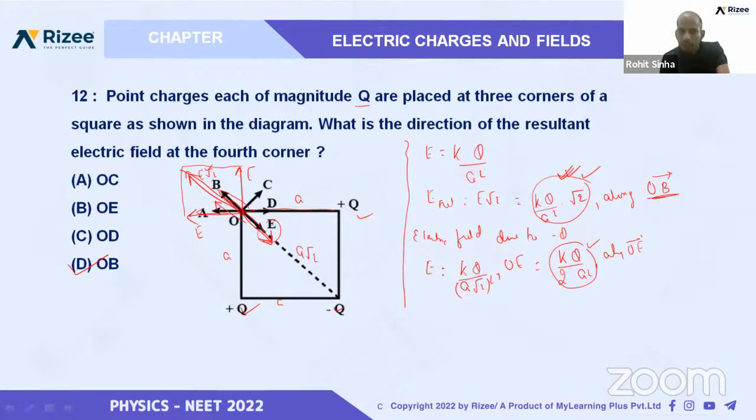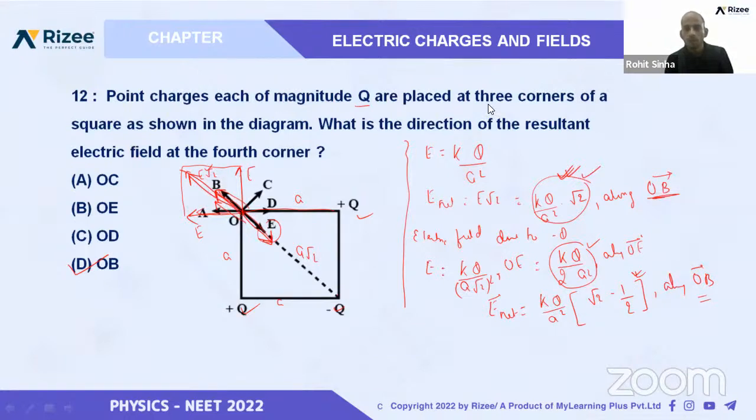So the net electric field will be in this direction. And what will be the net electric field? It will be KQ by A square into (root 2 minus 1 by 2) along OB. Any problem? You can solve it and you will get the answer.